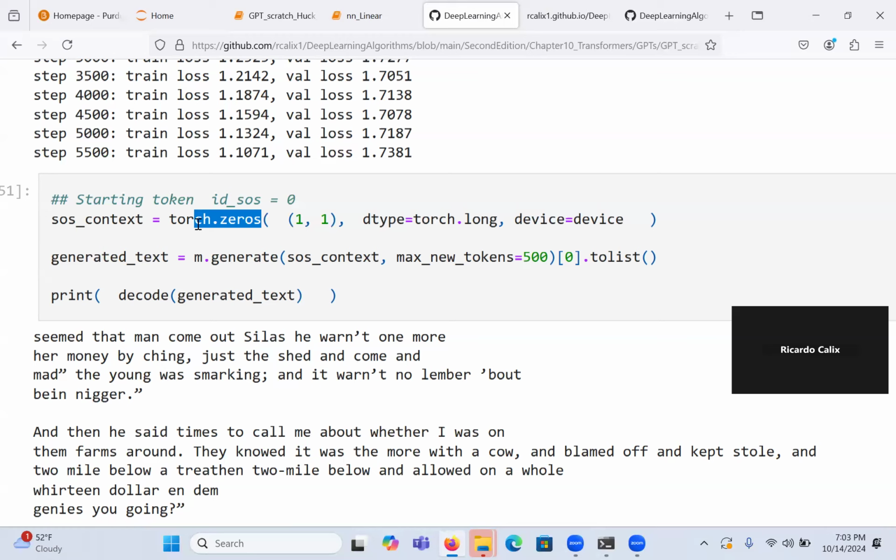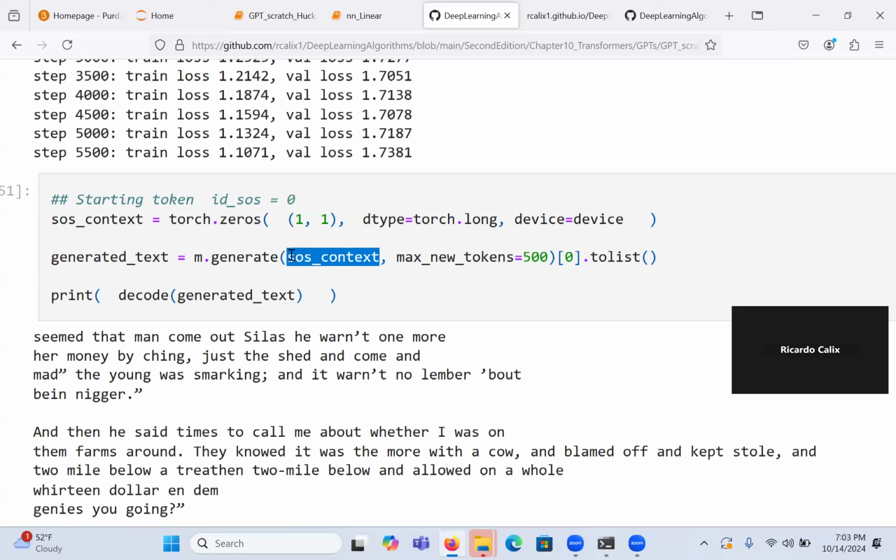But that's not all we can give it. We can give it longer sequences, such as a question. Notice that you have to do some things like telling it that this is a torch long, an integer. You tie it to the device, otherwise it's going to error out because the model is tied to whatever device you're using. Then here we invoke generate.